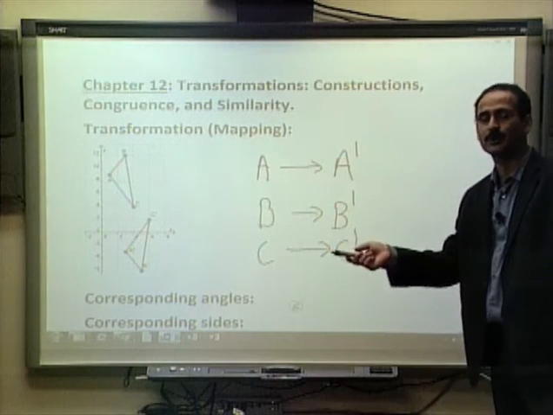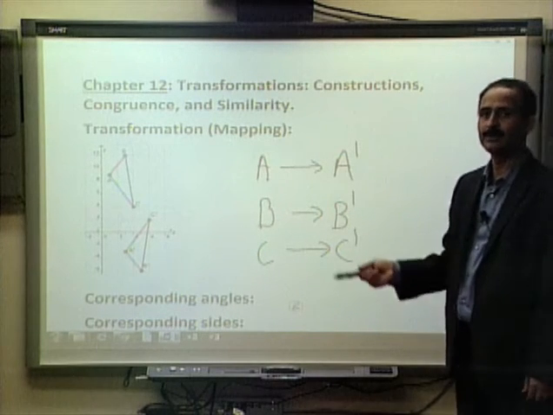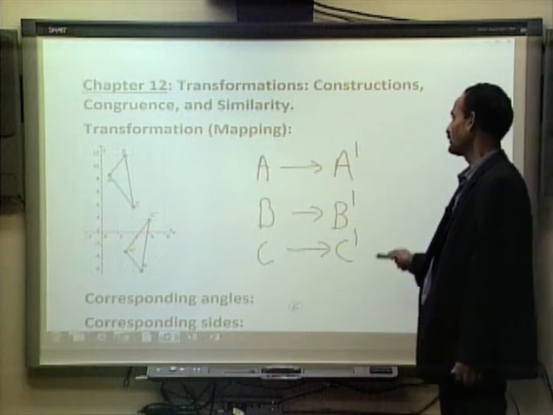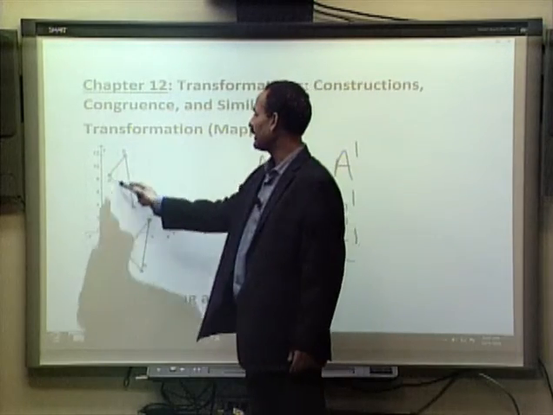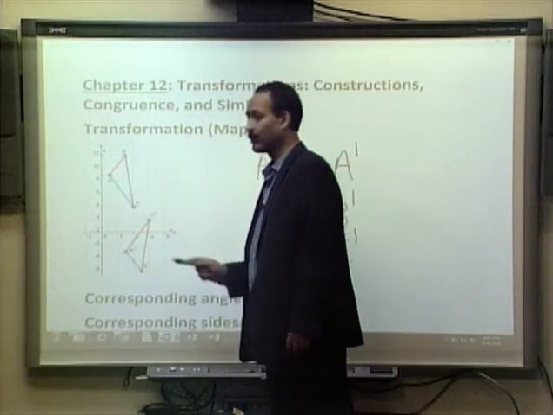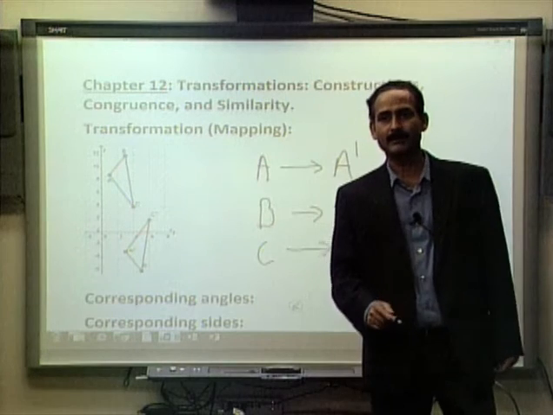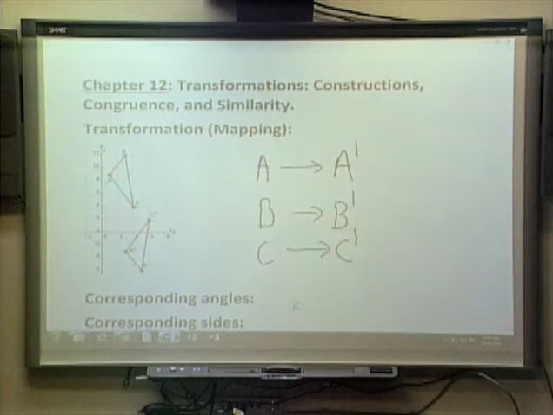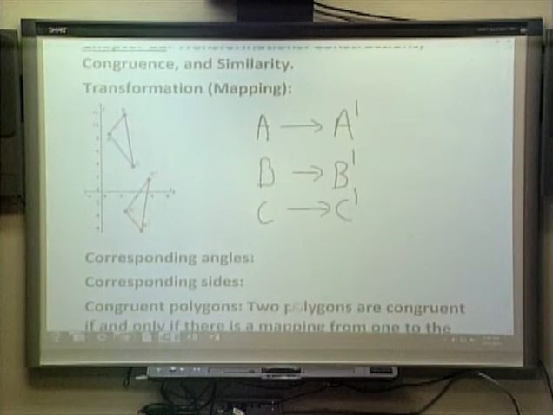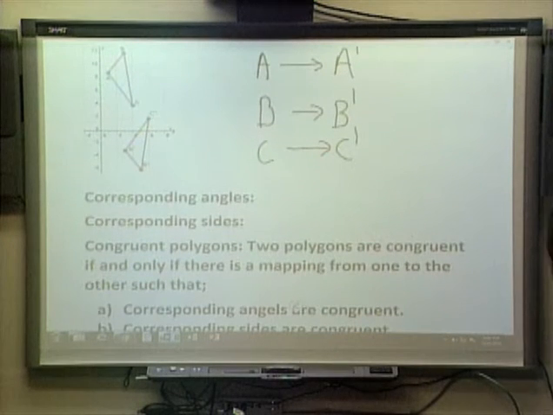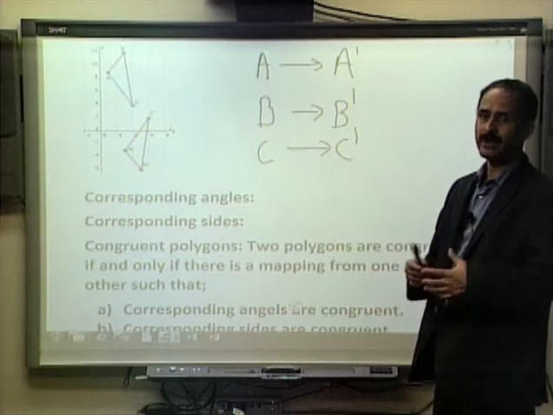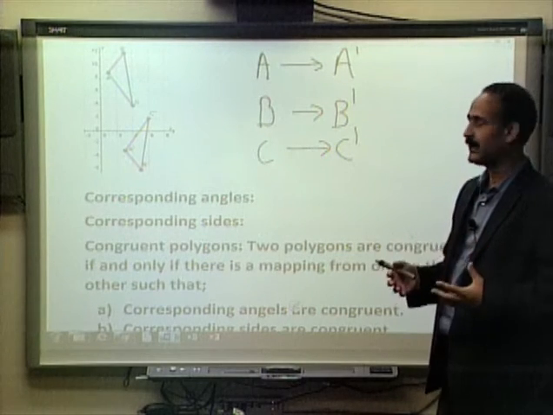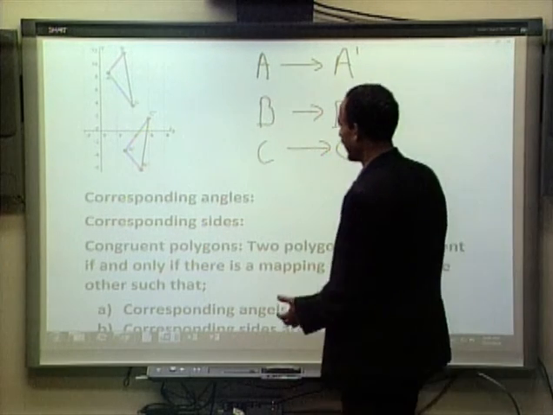A corresponds to A dash, B corresponds to B dash and C corresponds to C dash if this triangle ABC is moved into another location and we are renaming it A dash, B dash and C dash. And well, as I said, the point A is corresponding to A dash, B is corresponding to B dash and C is corresponding to C dash.